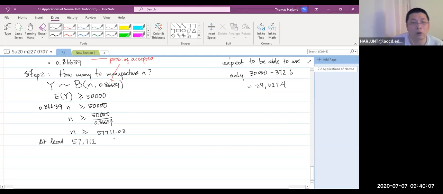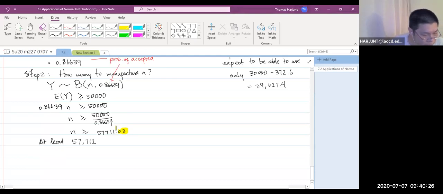Now our textbook uses, I see because I have the instructor's edition, our textbook uses 57,711. I think it's quite acceptable because this is so small anyway.